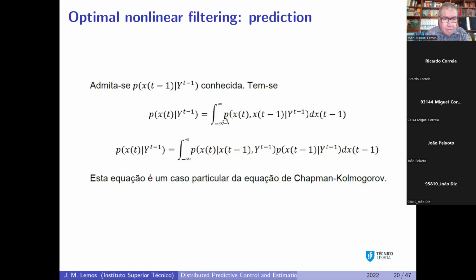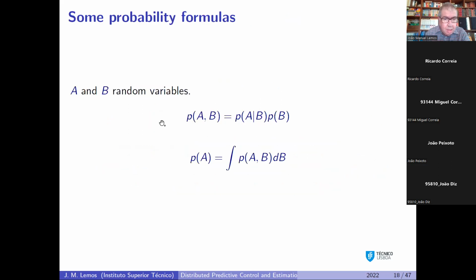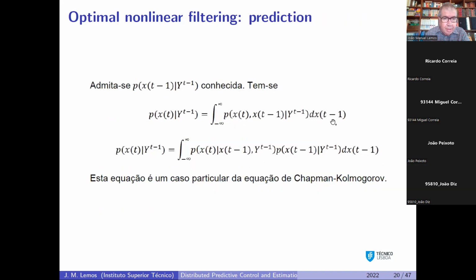If I have the probability density function of xt and xt minus 1, conditional on something, and I integrate on xt minus 1, then I get just the marginal. That's the second formula here.